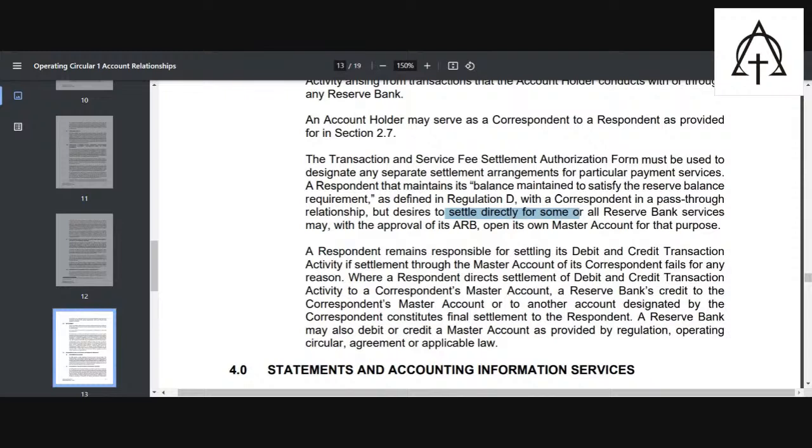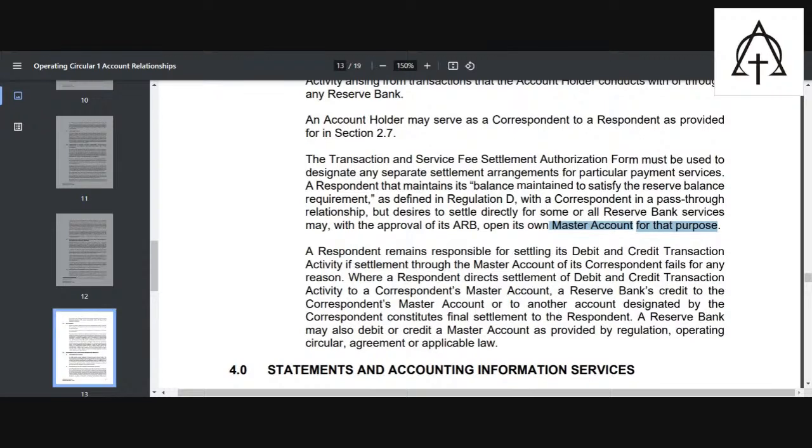Settle directly, for that purpose, for direct settlement. It's plain writing, folks. They're telling you how to do it. It's called negotiable instruments once again. You have to learn how to negotiate.